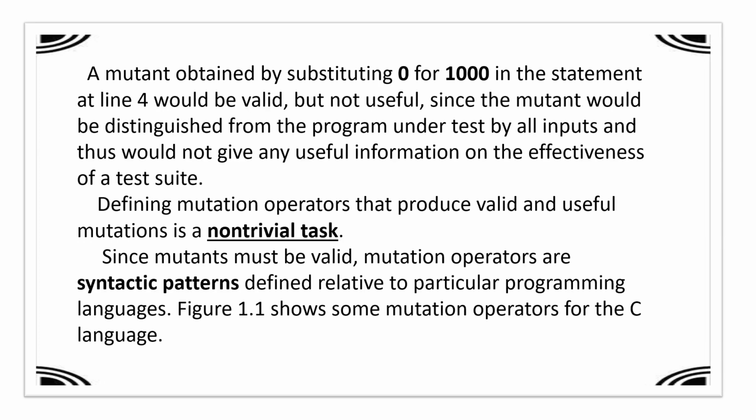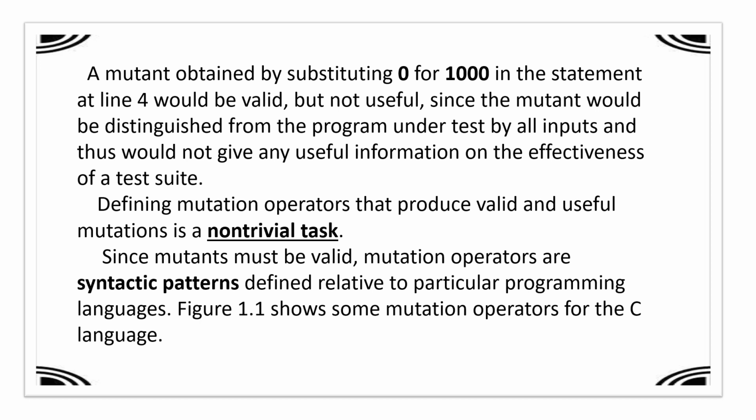A mutant obtained by substituting 0 for 1000 in the statement at line 4 in figure 1.1 would be valid but not useful, since the mutant would be distinguished from the program under test by all inputs and thus would not give any useful information on the effectiveness of a test suite. Defining mutation operators that produce valid and useful mutations is a non-trivial task.